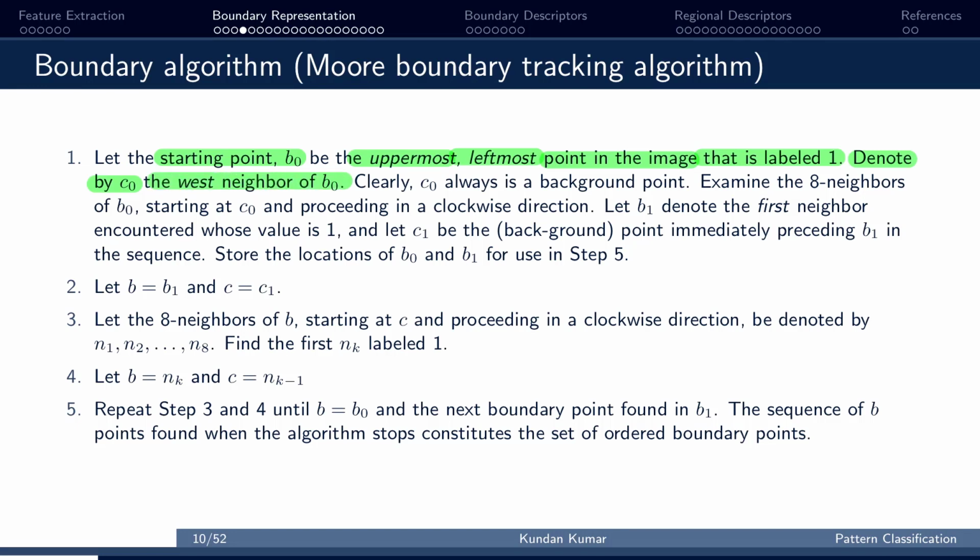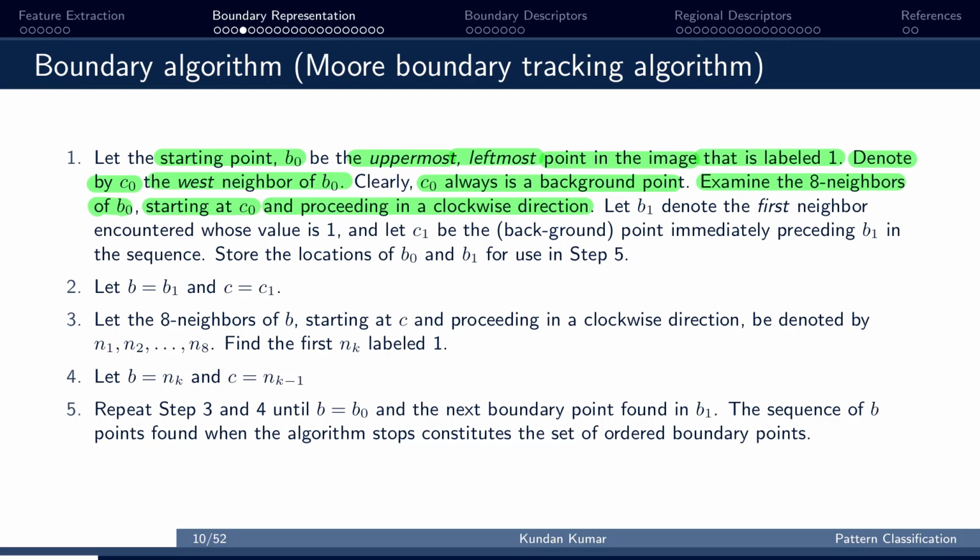So clearly C0 always is a background pixel. Now we will examine the 8 neighbors of B0 starting at C0 and proceeding in clockwise direction.